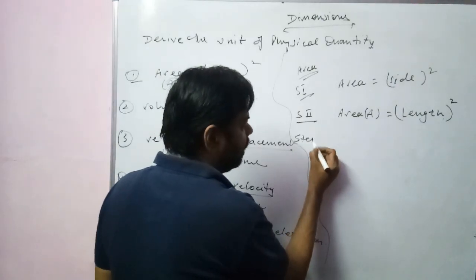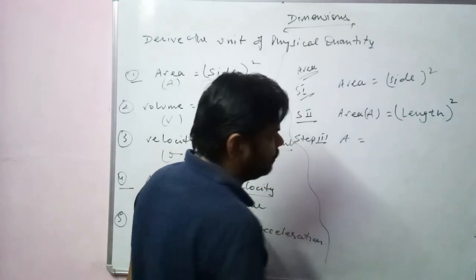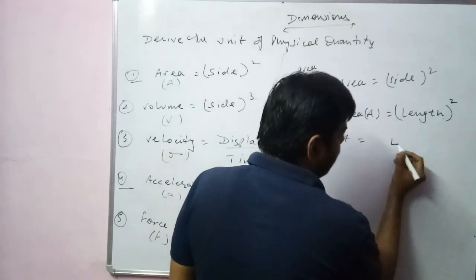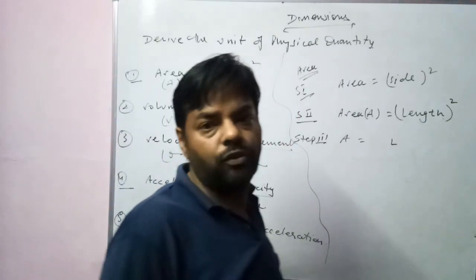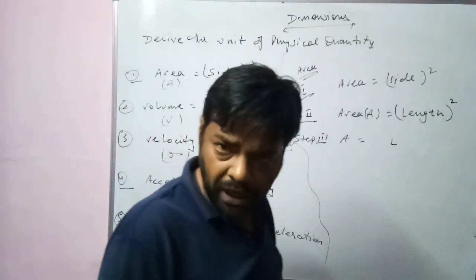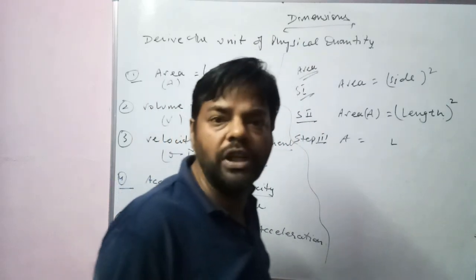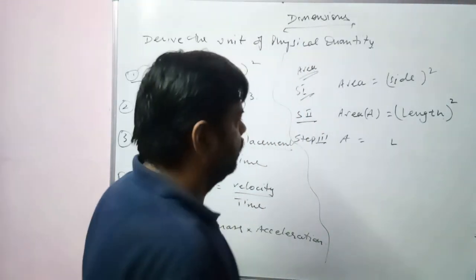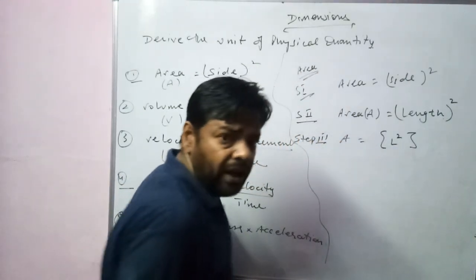And step 3, we can say this A is written as, in place of length, we have to write its unit. Remember, the unit of mass which we have to use was M, the unit for length was L, and the unit for time was T. So L, the power is 2, so we write 2 over here.